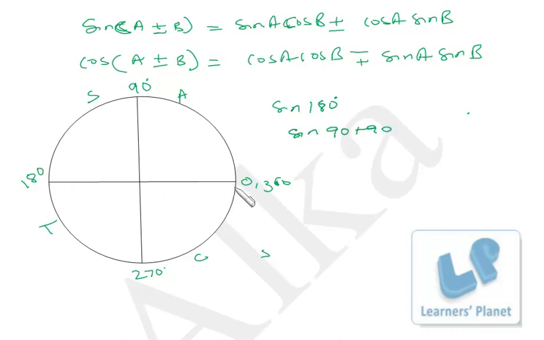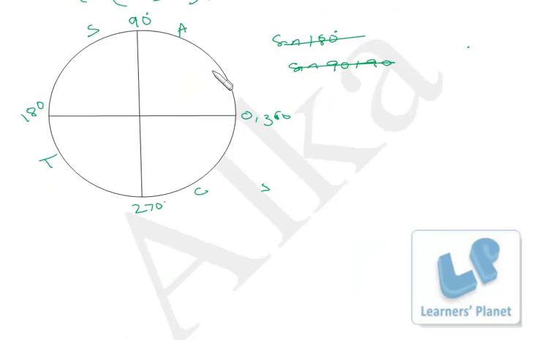On the horizontal line sine theta is 0, on the vertical line cos theta is 0, so sine 180 will be 0. Now we calculate sine 180 plus minus theta, and once again theta is between 0 to 90.